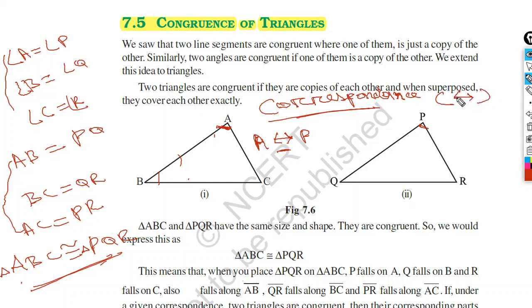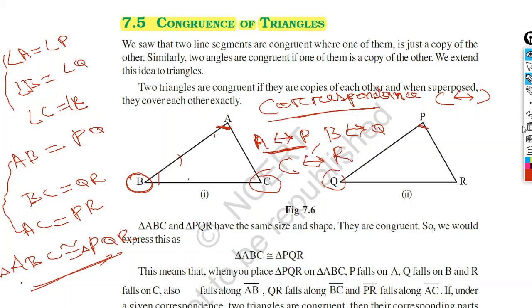That means A is corresponding to P. B is corresponding to Q. C point is corresponding to R. Okay? So these are the correspondences.